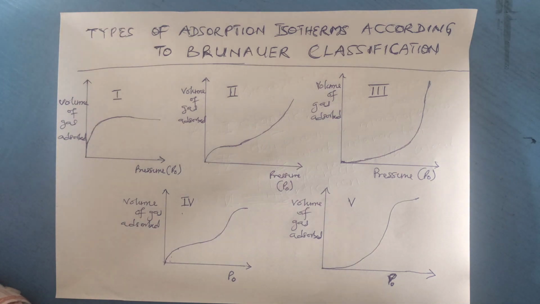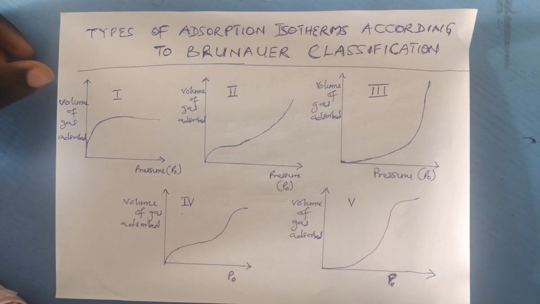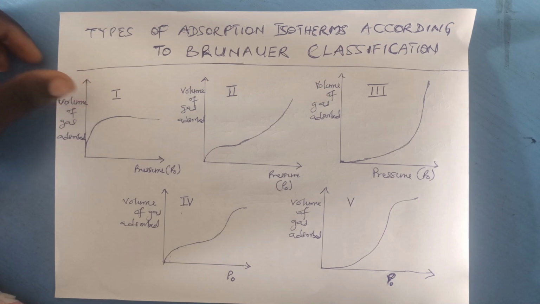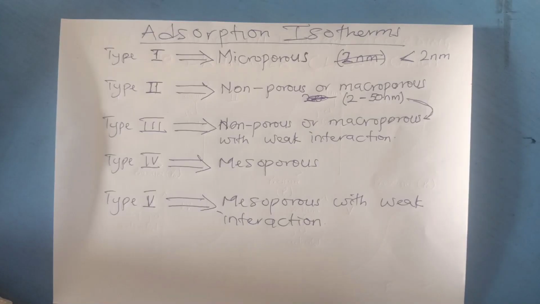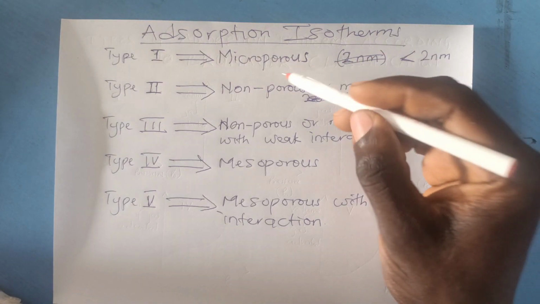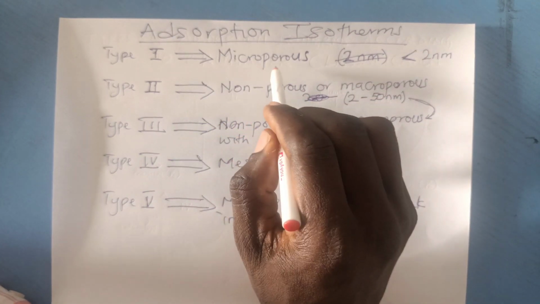I just mentioned some words here. You heard about macroporous, microporous, and mesoporous. I want to give a better explanation for you. If we talk about type 1 adsorption isotherm, I said the adsorbent you can use there is microporous.